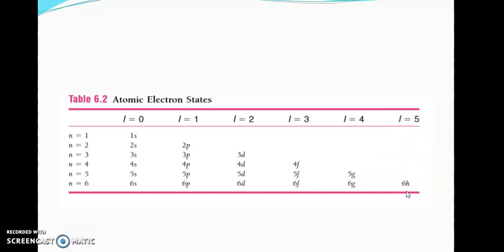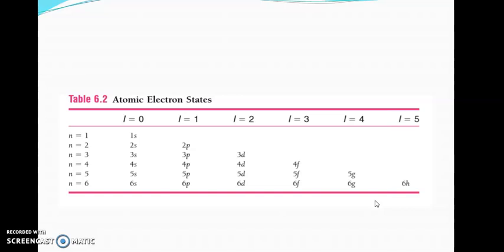And the orbital quantum number can take values from 0 to n minus 1, a total of n values.